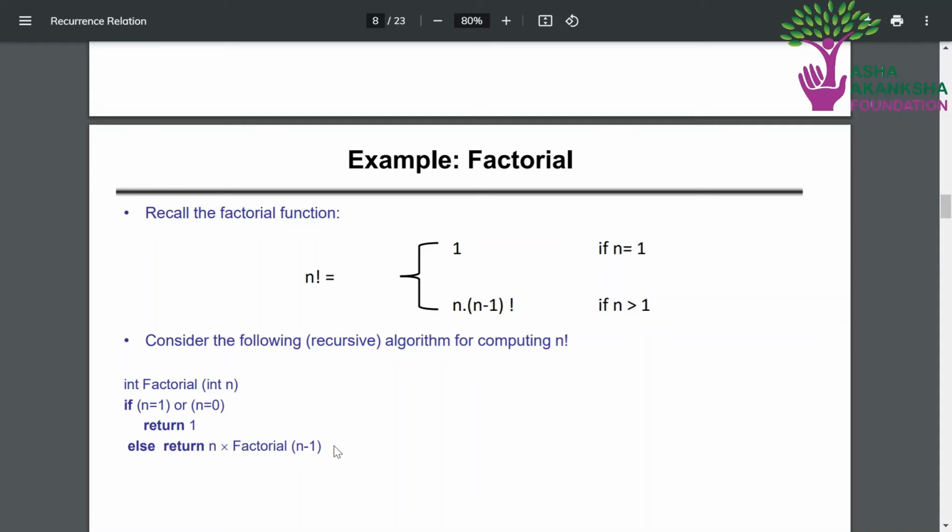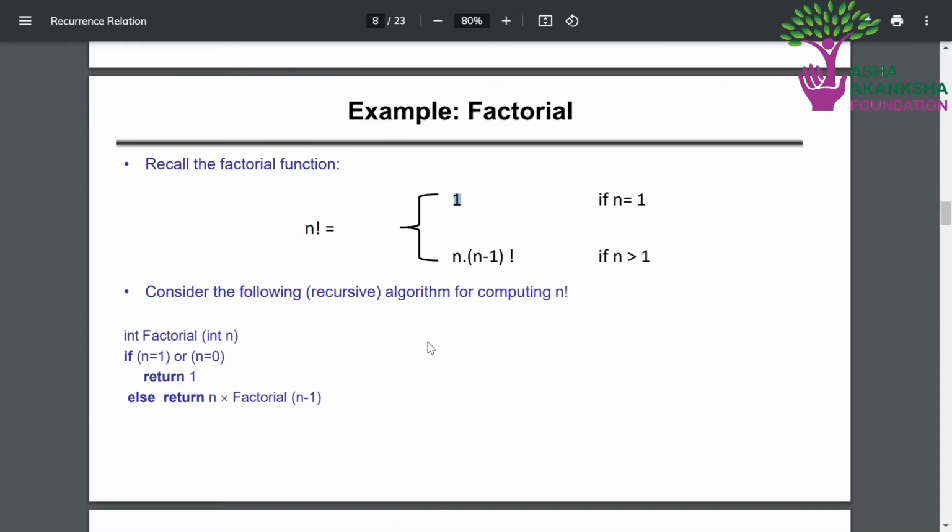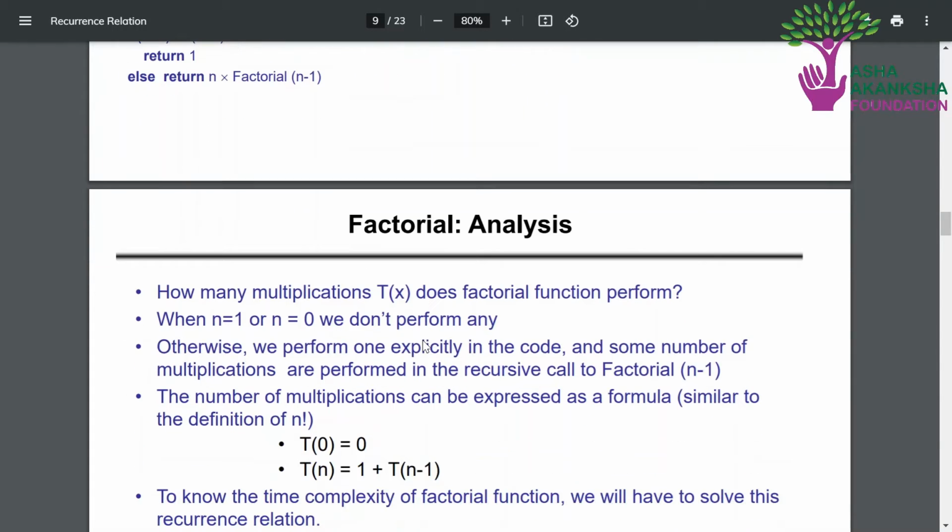So let's briefly look at the code. We have called the factorial for n, and this is the base condition: if n is equal to 1 or n is equal to 0, we directly return 1. Otherwise, we return n into factorial of n minus 1. All right, so let's go ahead.